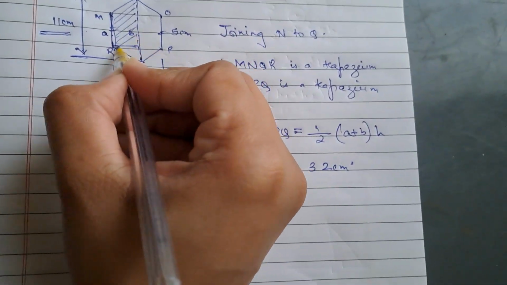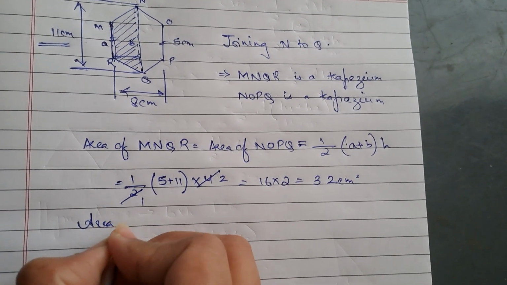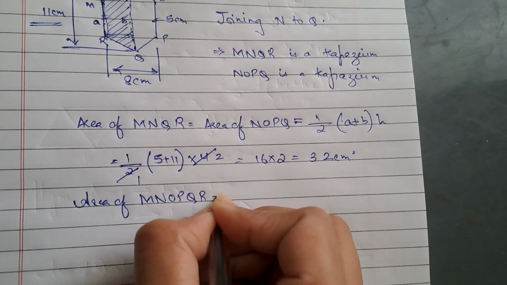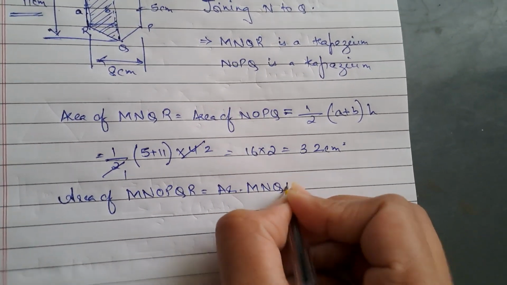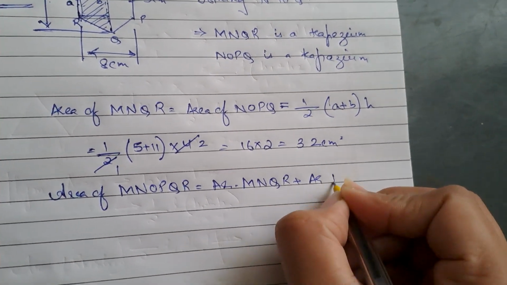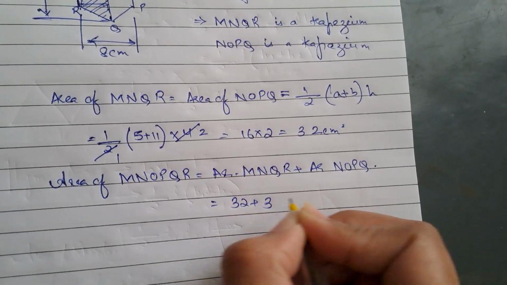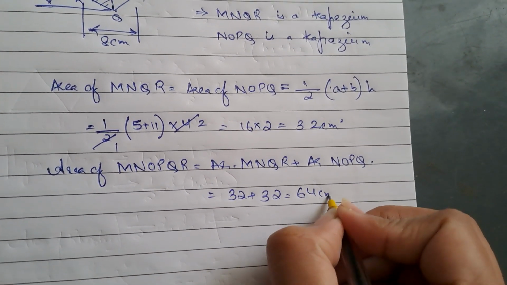Now if I want the area of MNOPQR, it is equal to area of MNQR plus area of NOPQ, which is 32 plus 32, which is equal to 64 centimeters square.